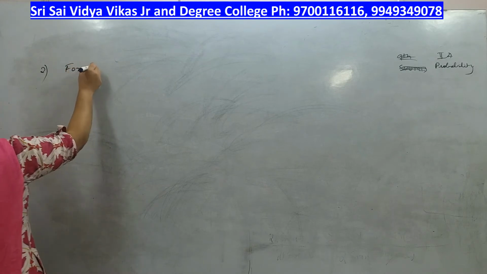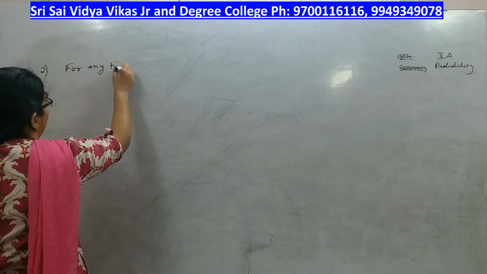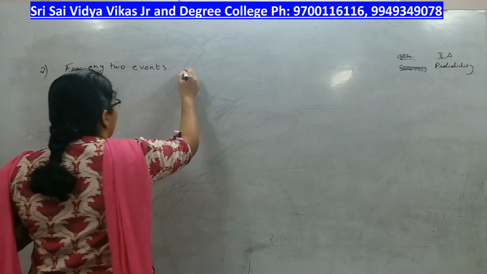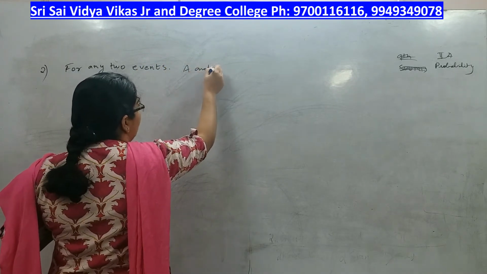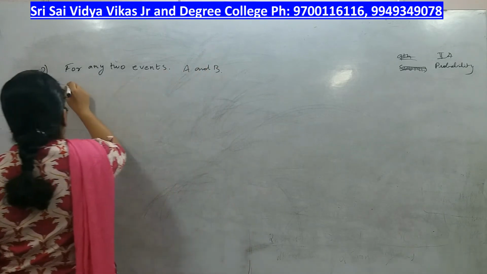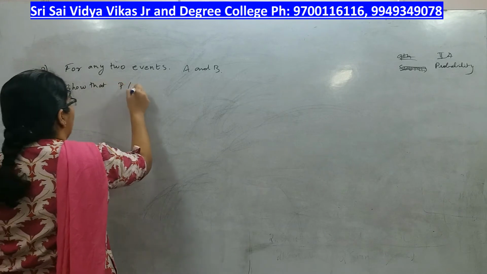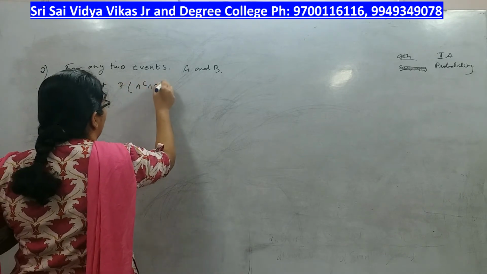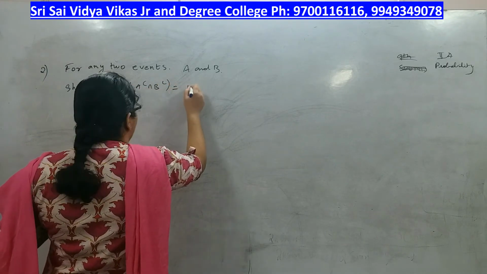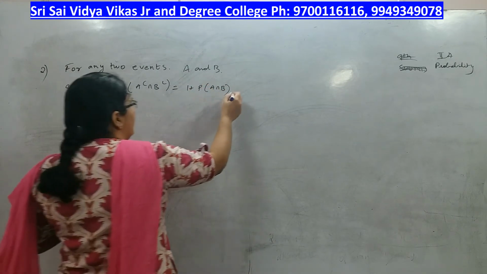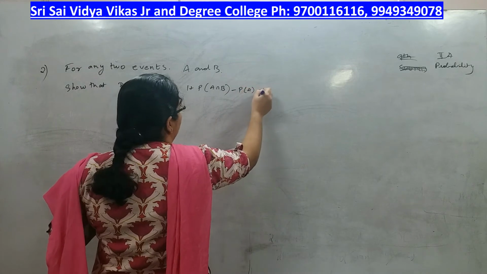For any two events A and B, show that P of A complement intersection B complement is equal to 1 plus P of A intersection B minus P of A minus P of B.